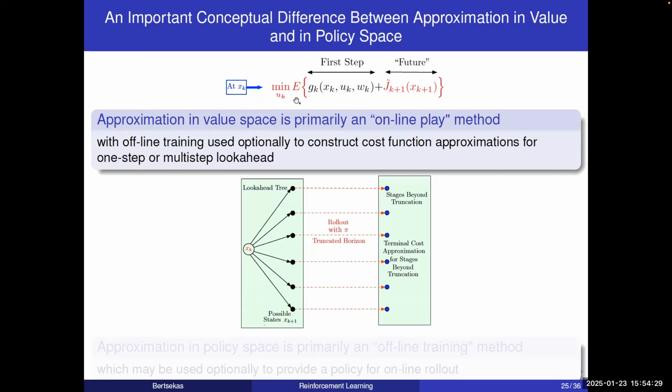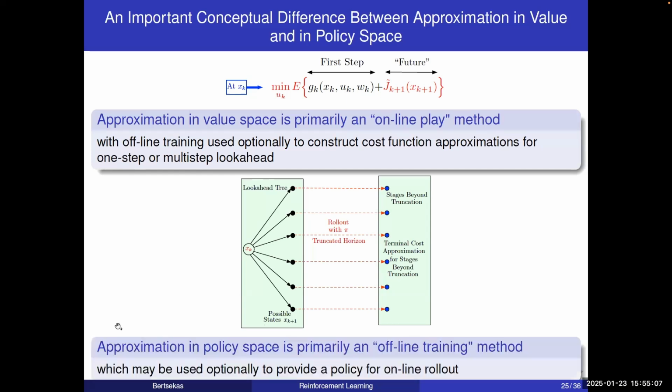So we still need to have the calculation during the real-time operation, whereby given the current state x_k, we calculate for each u_k the expectation that involves the current stage cost and the computed optimal cost-to-go, and then minimize among them. So approximation in value space is primarily an online playing method with offline training used optionally to construct the cost function approximation for one-step or multi-step replanning.